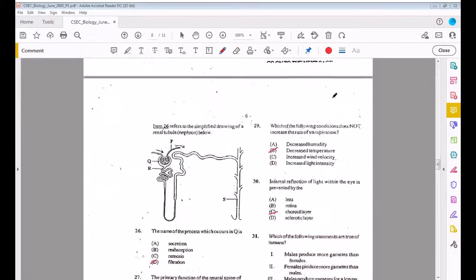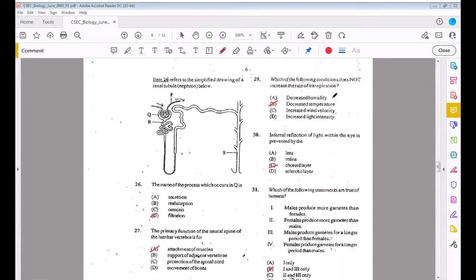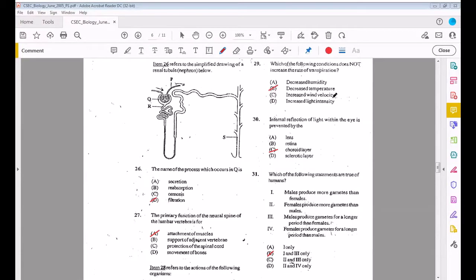Reduce friction. Item 26 refers to a simplified drawing of a renal tubule or a nephron below. So 26, the name of the process which occurs in Q here, remember, we should know what all of the parts are. So Q is the Bowman's capsule.